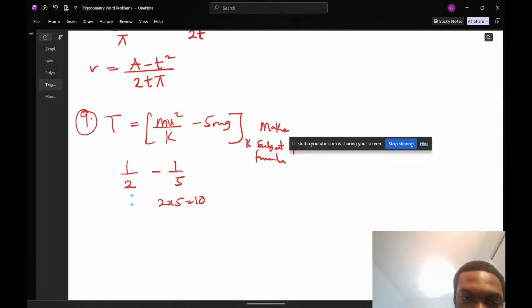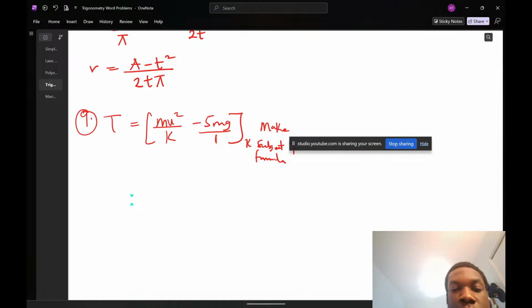In this case, we have mu squared over k minus 5mg. There's an invisible 1, so let's put it as 1. Now we find the LCM of 1 and k, which is k. 1 times k will be k.